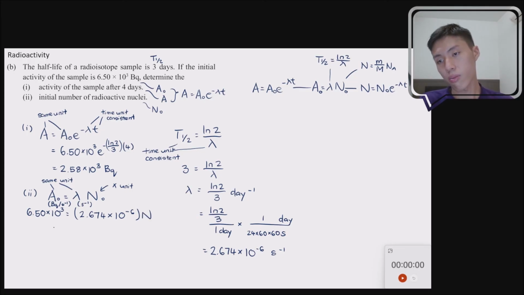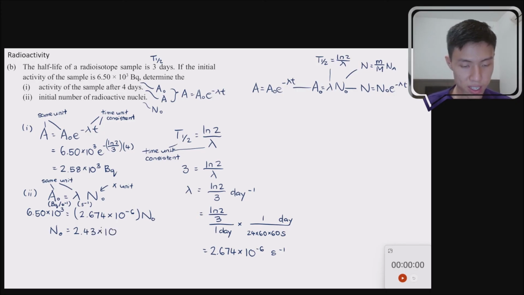So I can calculate my initial number of radioactive nuclei, and I obtain it to be 2.43 times 10 to the power of 9 nuclei.